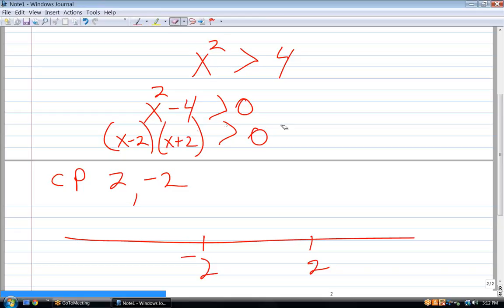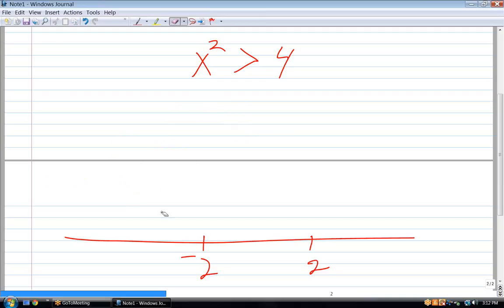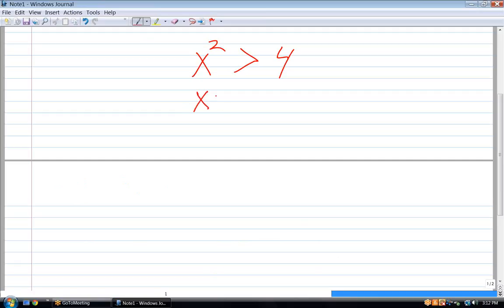Okay. Yeah. The other way that's a little easier to do this specific one is take the square root of both sides, but instead of it being x equals plus or minus 2, it's x is greater than the plus, and if it were minus, then you would have to change the sign because we've divided by a negative.